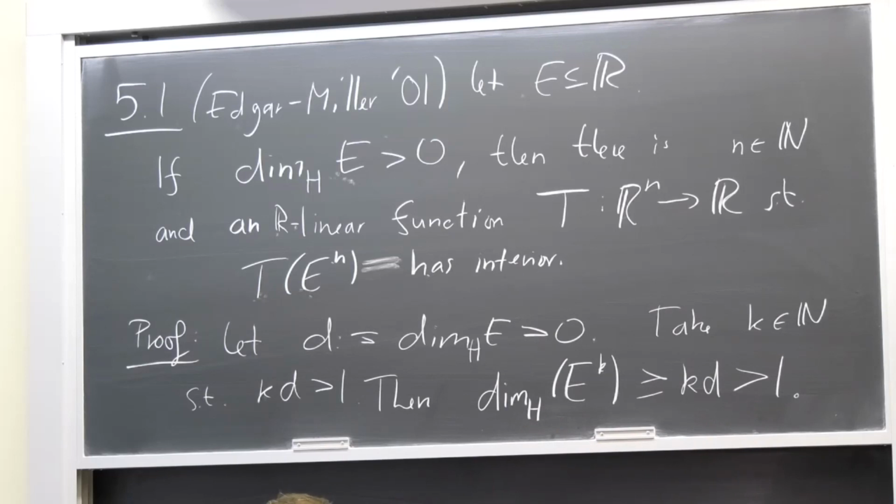So that's essentially what the Marstrand projection theorem says. Whatever direction you project into, almost every projection, in terms of measure, will give you positive Lebesgue measure.